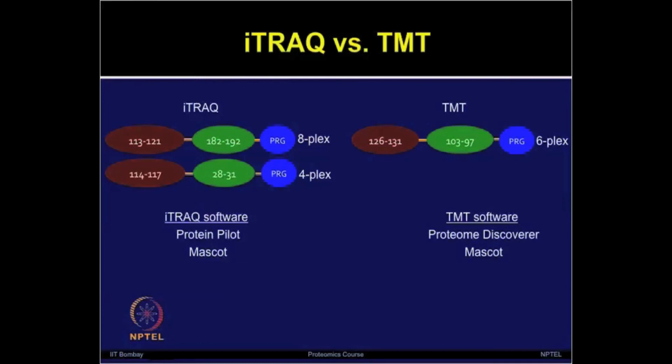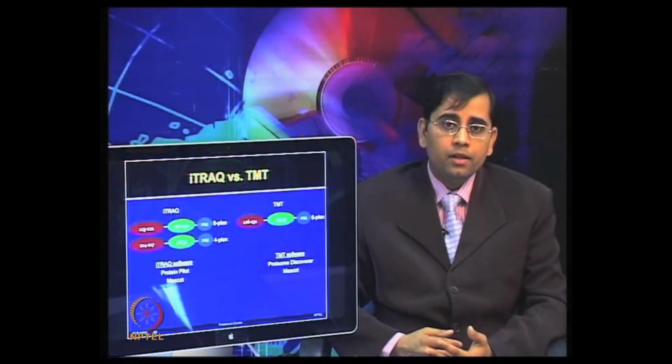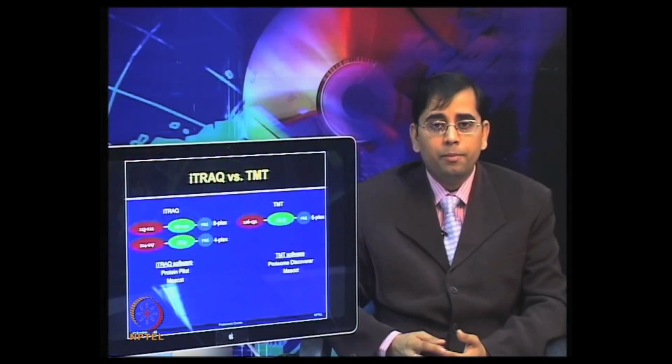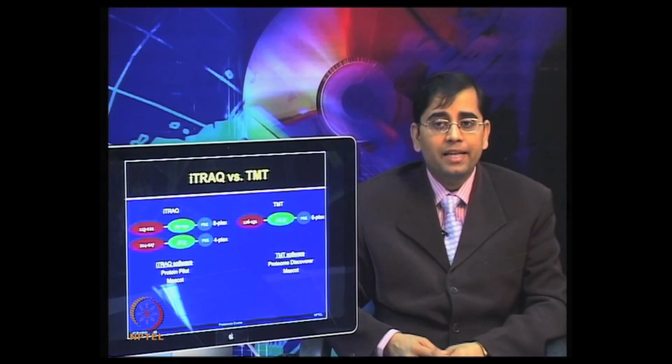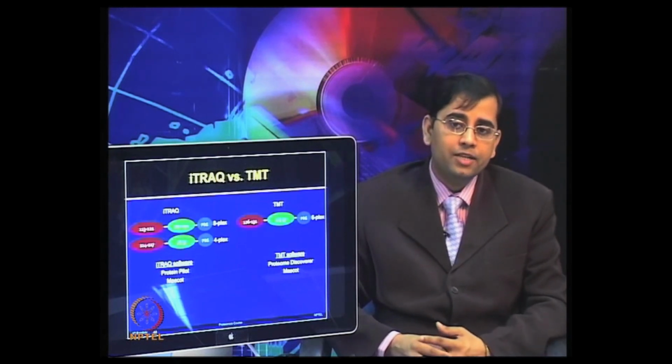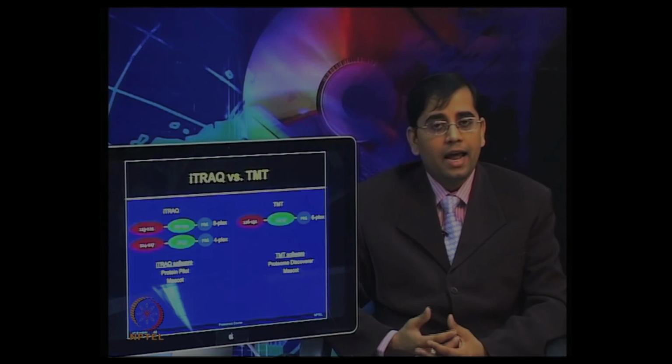In case of TMT, the reporter groups have 126 to 132 Daltons and the balancer consists of 97 to 103. So, tags are quite similar in the overall structure. The iTRAQ analysis can be performed by using software such as Protein Pilot and also Mascot. The TMT based analysis can be performed with software such as Proteome Discoverer and Mascot.